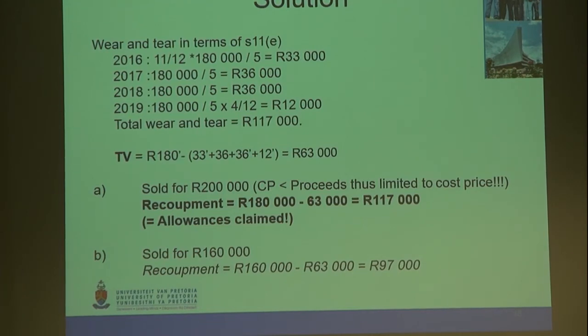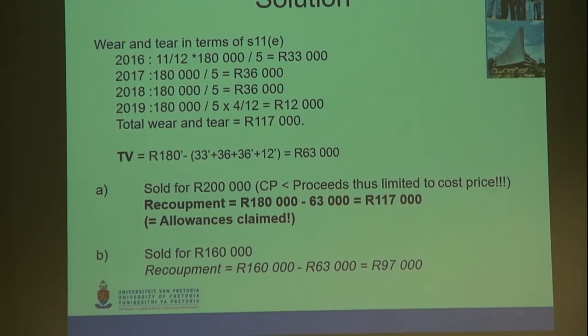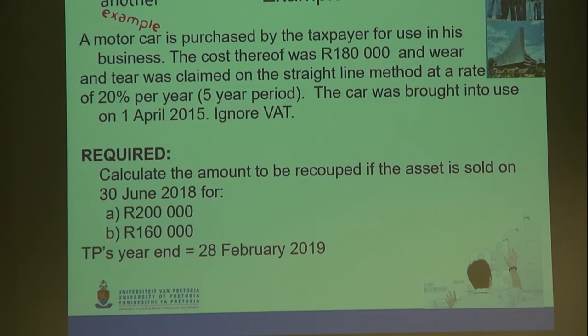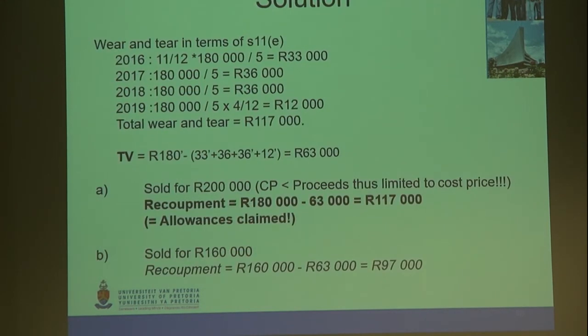Okay. So our allowances that we're going to work out, let's just go back. We brought it into use on the 1st of April. So in that year, we used it from April up until February, which is 11 months. Which means in the first year of assessment, 180 divided by 5 times 11 over 12.